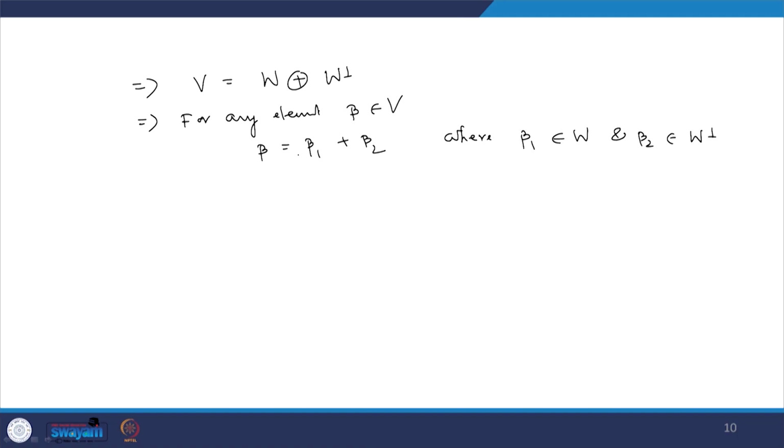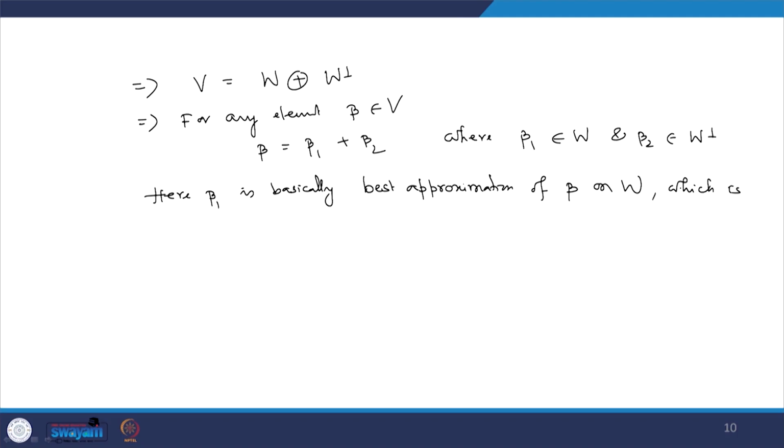Now, what is beta 1? Beta 1 is basically the best approximation of beta on W, because W is finite dimensional. So, the best approximation of beta on W exists and it is unique.